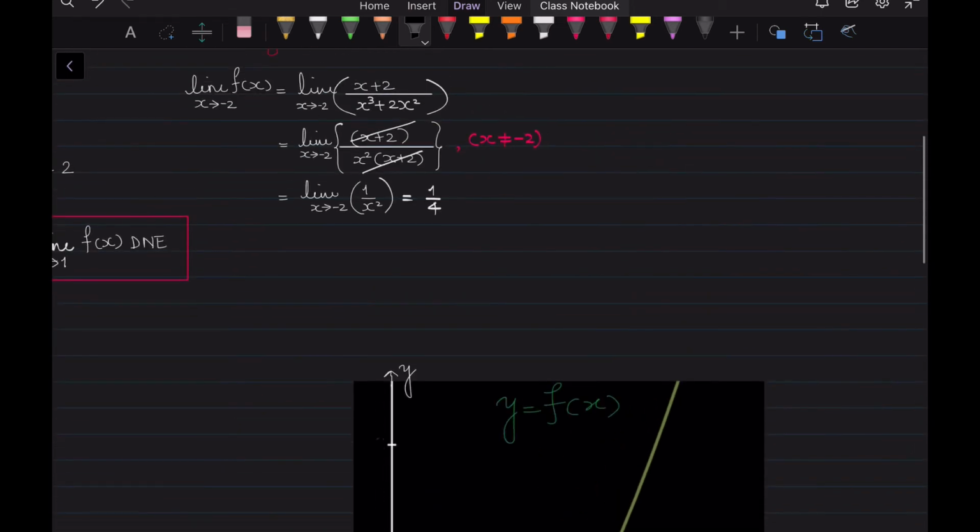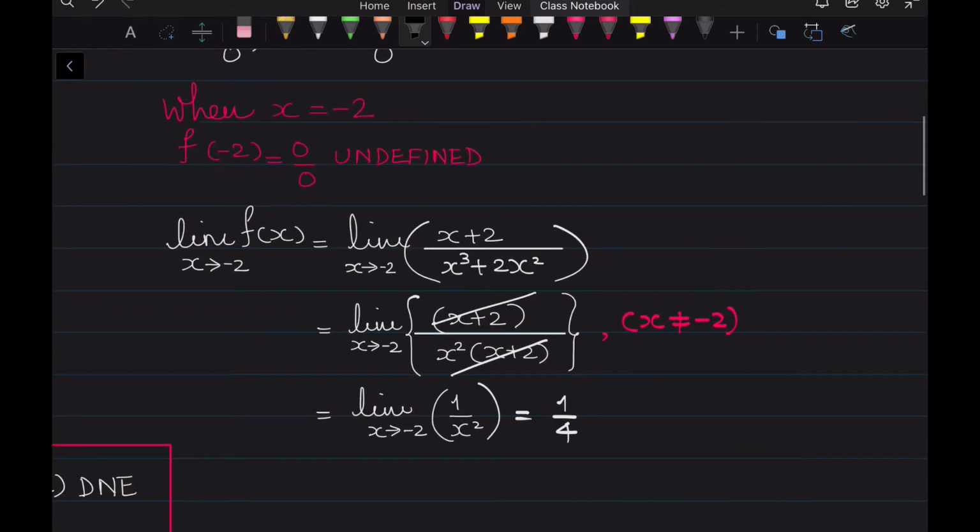So we have the same scenario right here. So this is the case of removable discontinuity. So this function has removable discontinuity at x is equal to negative 2.